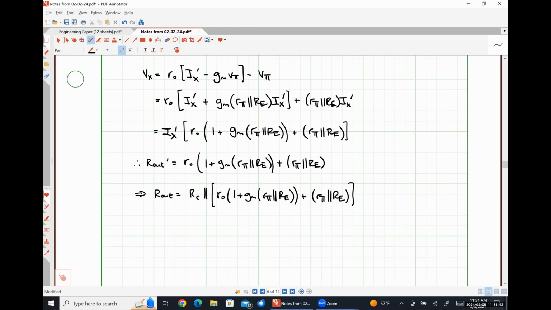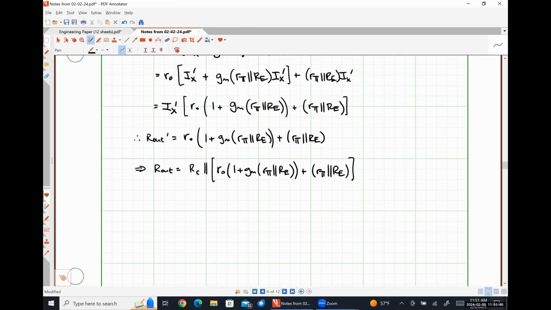Now, just for completeness' sake, if we allow r naught to approach infinity, then our output resistance is approximately just equal to RC.